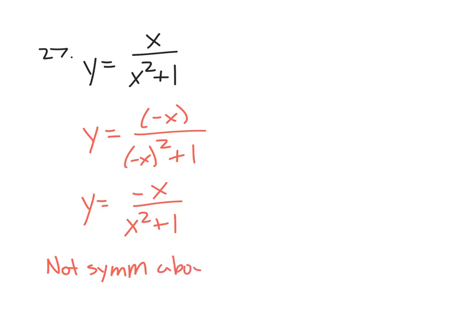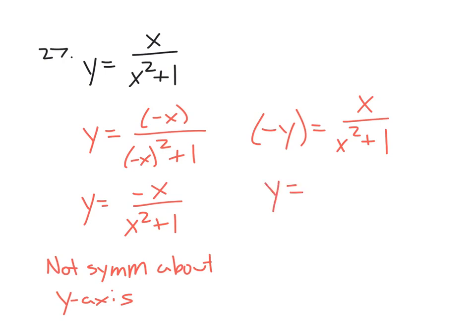about the y-axis. Is that okay? So that's just the same as it was. How do we test about the x-axis? Make y negative, and so then you say, okay, negative y, and then maybe if you don't like looking at the negative y there, we could divide the negative to the other side if you want.